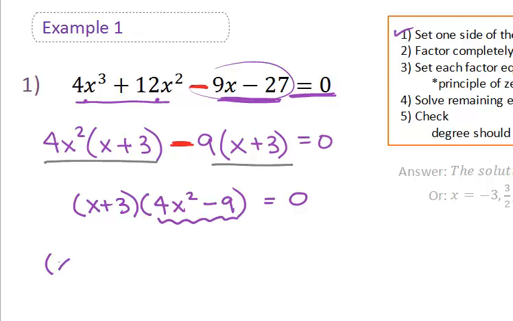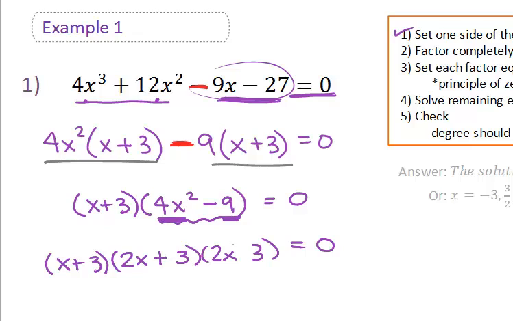So let's copy down my x plus 3, and then let's set up my two sets of parentheses to factor that 4x squared minus 9 into. Factors of 4x squared come from 2x times 2x, and factors of 9 come from 3 times 3. The signs of a difference of squares are always one positive and one negative. Remember, those factor into what we like to call conjugates.